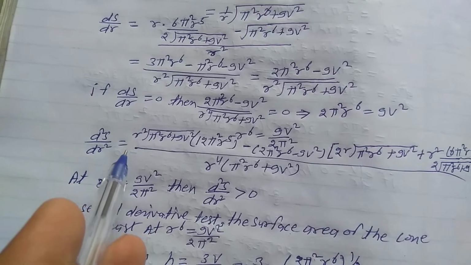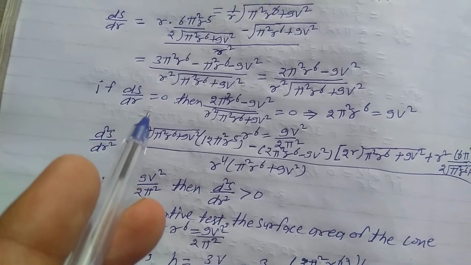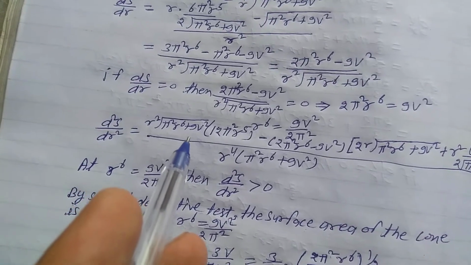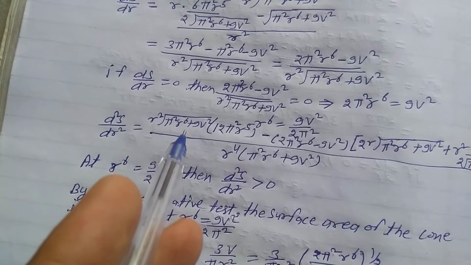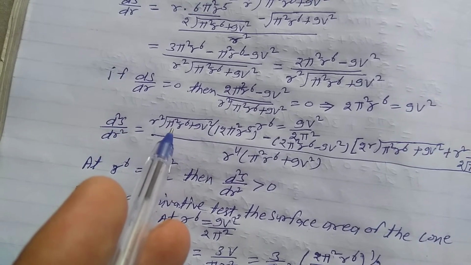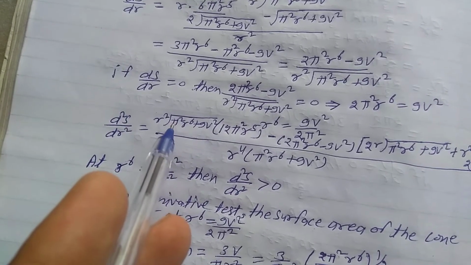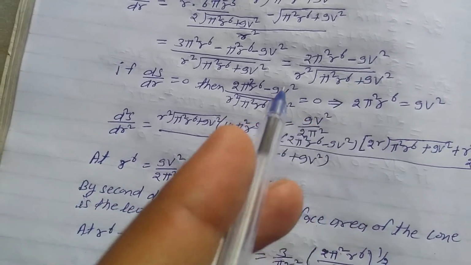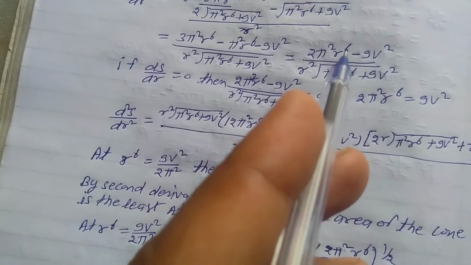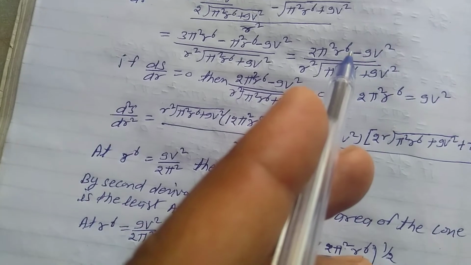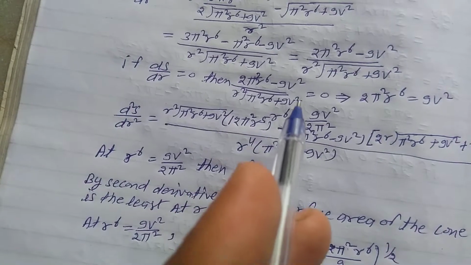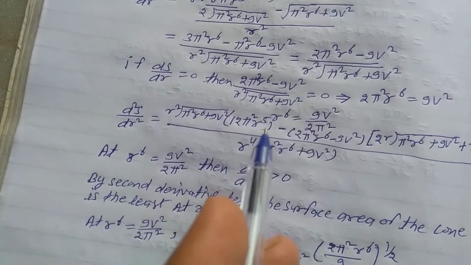To find d2S upon dr square, differentiate again with respect to r. Here the u upon v formula is used. First, r square is taken as constant and we differentiate the numerator. The root term is taken as constant, so r square root of pi square r power of 6 plus 9V square, times the differentiation of the bracket, which is 2 pi square constant and r power of 6 differentiating to 6 r power of 5, so 6 into 2 is 12 pi square r power of 5.